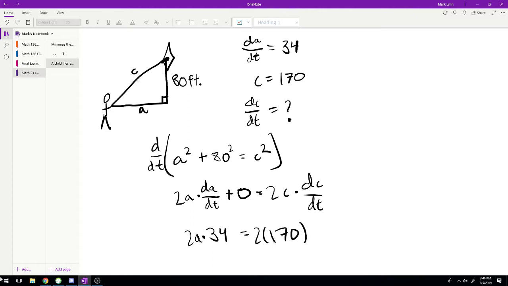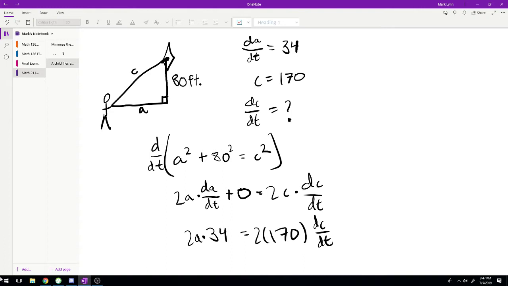I want to figure out dc/dt, so I can leave that as a variable. But here, you'll notice that we have two unknowns and only a single equation. We want to figure out what dc/dt is, but we don't yet know what a is. So let's try to figure out what this a value is.